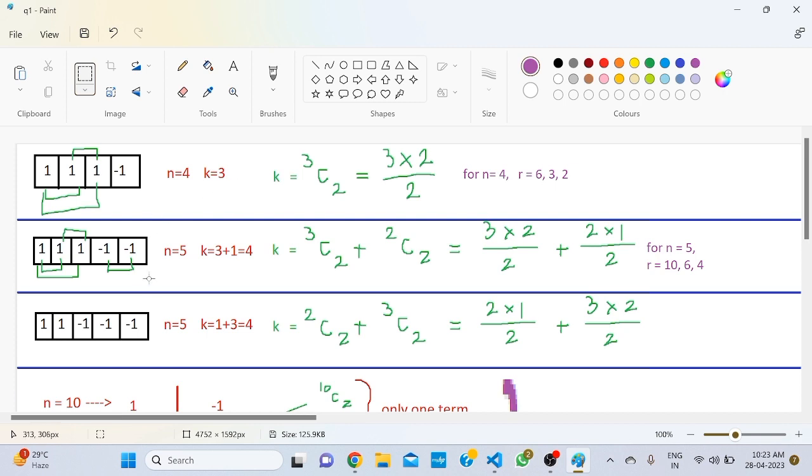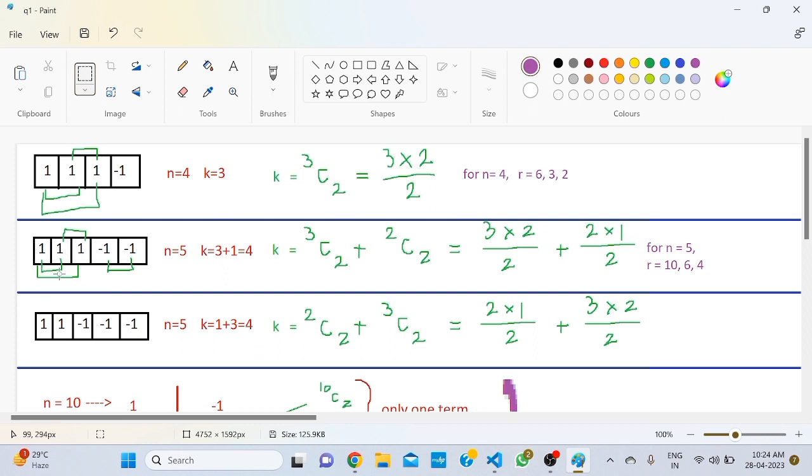In another example, let's say n equal to 5, means our array length is 5, and let's suppose given k is 4. So how will we make that array? Here k equal to 4 means that there are 4 pairs of elements whose product is 1. So we can conclude that our first element is 1, second element is 1.